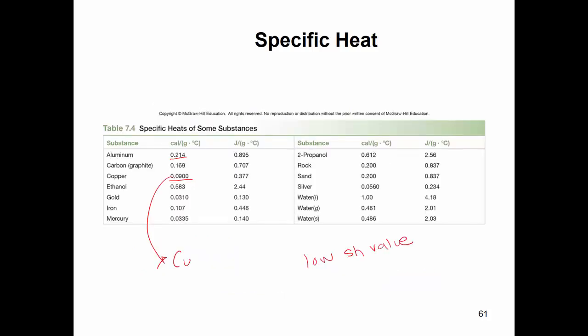Aluminum has a higher specific heat, so the less the temperature changes. So if I was going to pick which metal I wanted to heat the most or fastest, I would pick copper over aluminum.